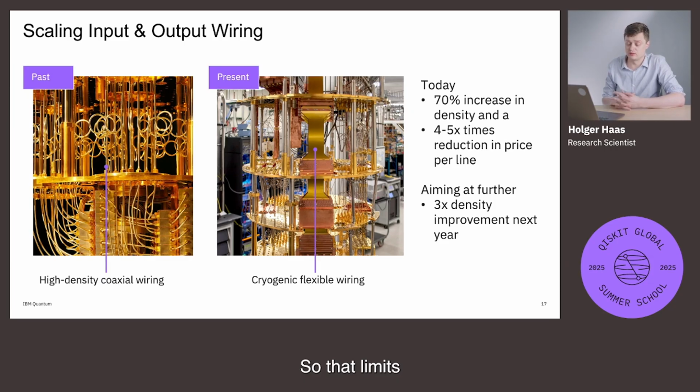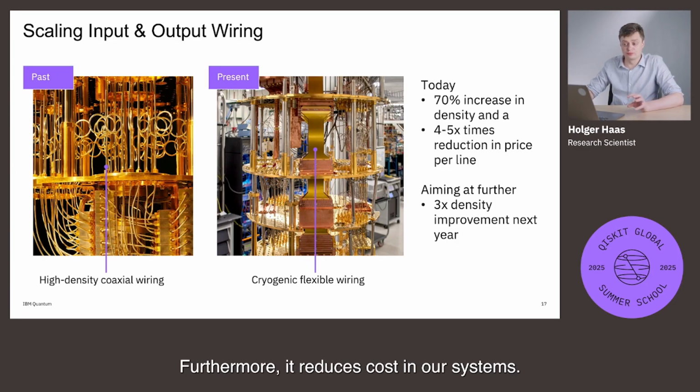So that limits the number of things that can go wrong. It's a great way to take out engineering risk from the setup. Furthermore, it reduces cost in our systems, and over the next year or so, we aim to increase the density of wiring by another factor of 3 or so.